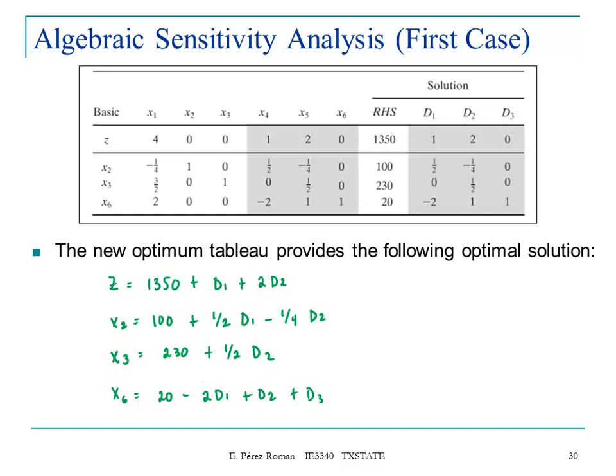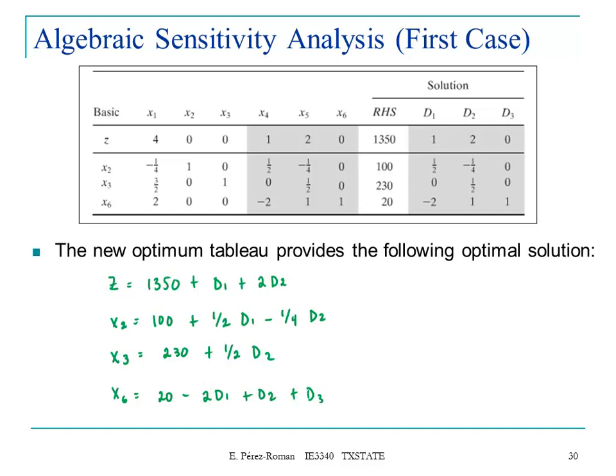And X2, now you have the value of X2 from here, the first row, 100. But now you need to add those coefficients times the values of the variables to your optimal solution as well.